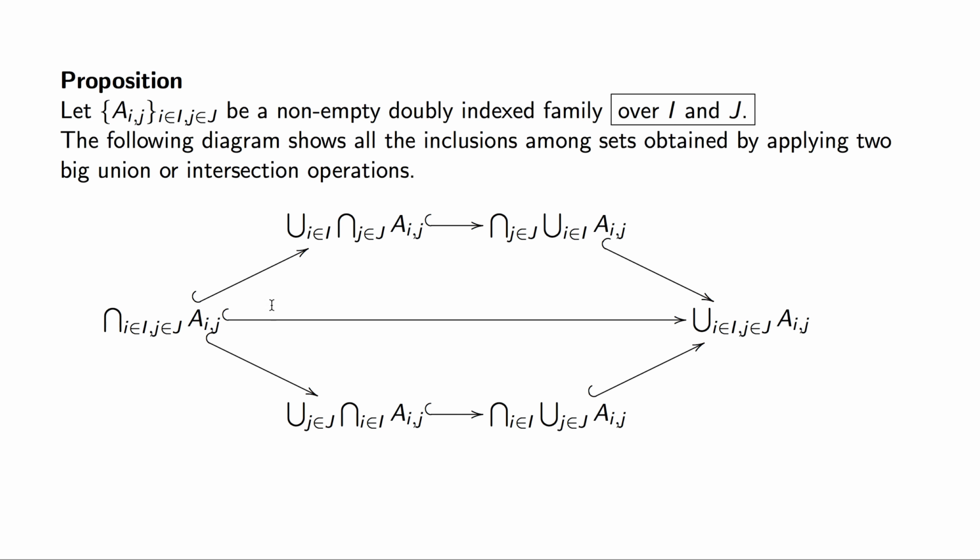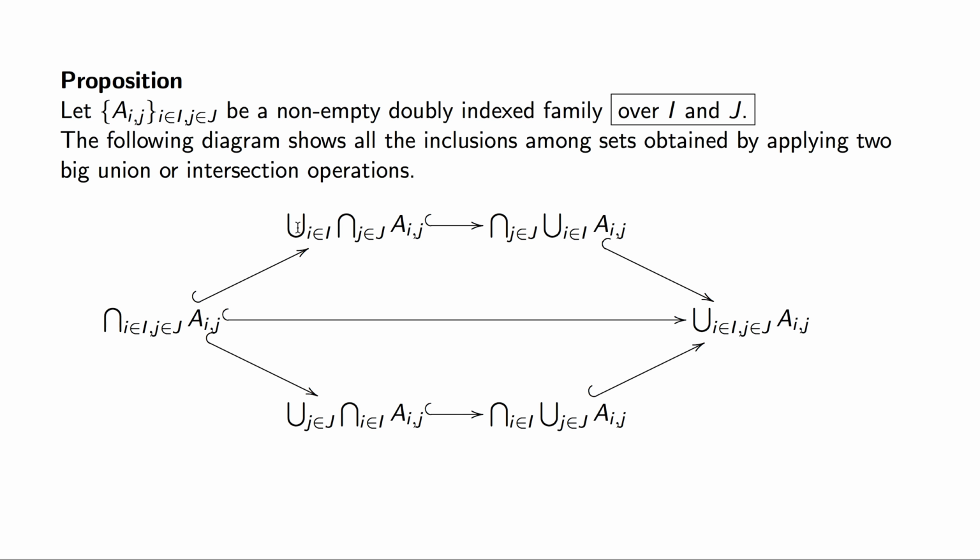In this proposition we are considering results of applying an intersection and a union operation to a doubly indexed family of sets, and we are actually applying these unions and intersections in all possible ways.